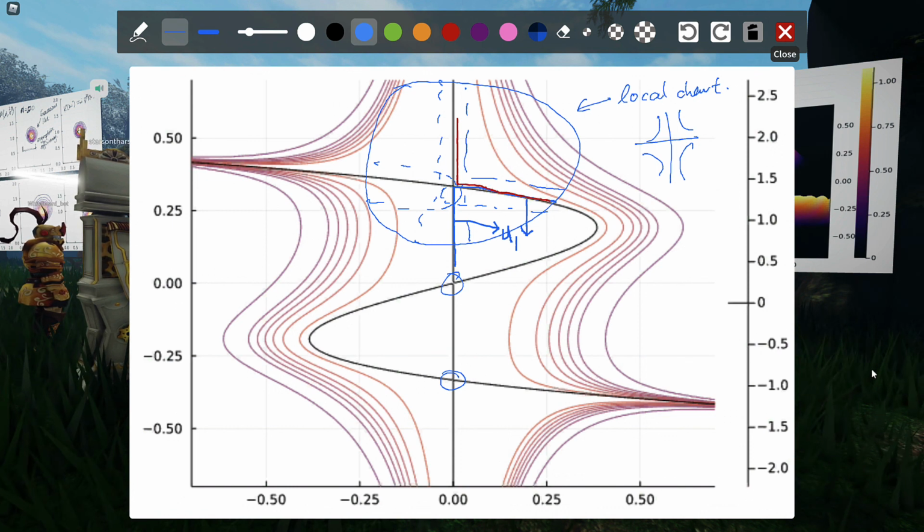I use this word chart, but it's not a chart in the usual sense of introductory differential geometry, where you talk about open sets and local coordinates. It's half open, isn't it? It's always like u to the d or something. That's right. So those are the sort of neighborhoods that Watanabe is using.